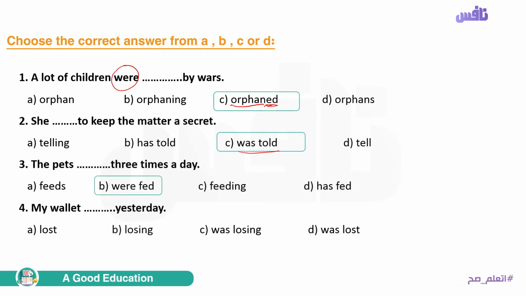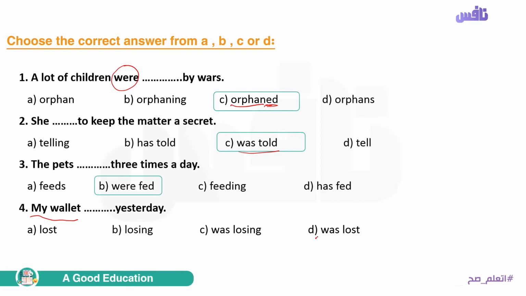Number 4. My wallet blank yesterday. Lost, losing, was losing, or was lost. Which one is right? Yes, we started with the object, my wallet. So the sentence must be in the passive form. How can we form the passive in the past simple?